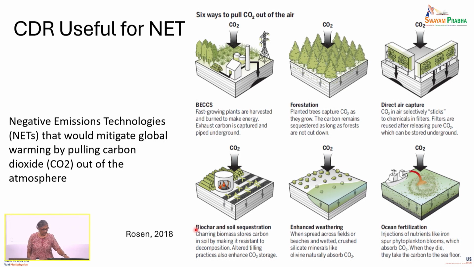Some of them, like biochar, BECCS, and afforestation, are more mature. Ocean fertilization and direct air capture are low on the technology readiness level. This one is still in the research phase. This one is in the test and implementation phase with pilot plants. It's not full scale implementation.